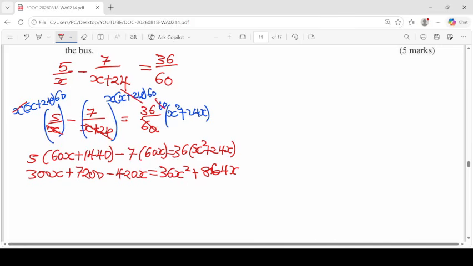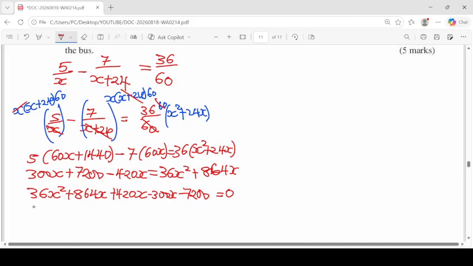I want to write this as a quadratic. This will become 36x squared plus 864x plus 420x minus 300x minus 7200 is equal to 0.